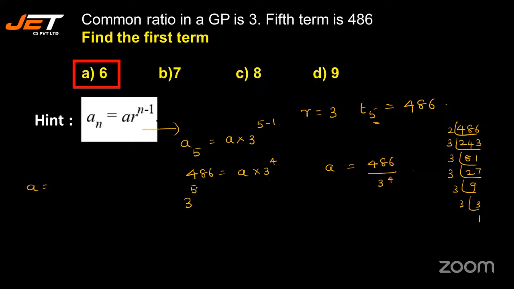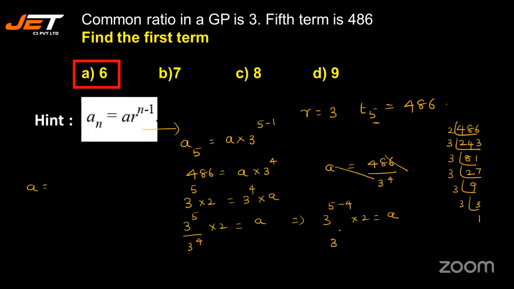3 to the power 5 into 2 is equal to 3 to the power 4 into A. Now 3 to the power 5 divided by 3 to the power 4, when it is division, you can write as 3 to the power 5 minus 4, into 2 is equal to A. So 3 to the power 5 minus 4 is 1.